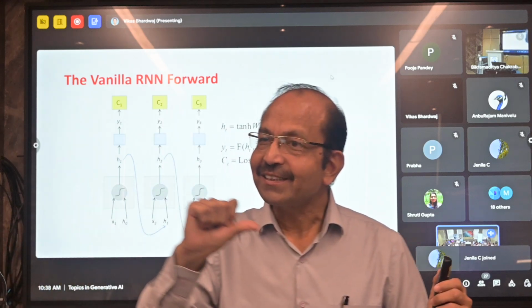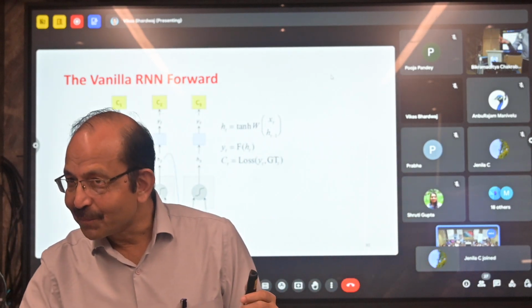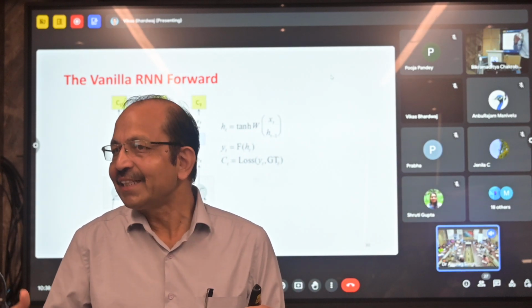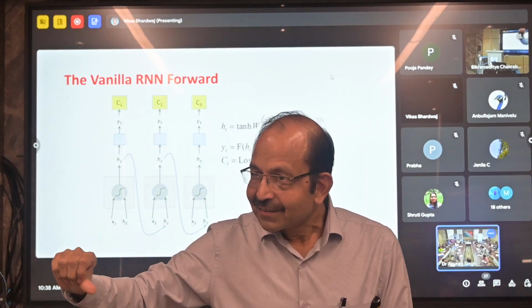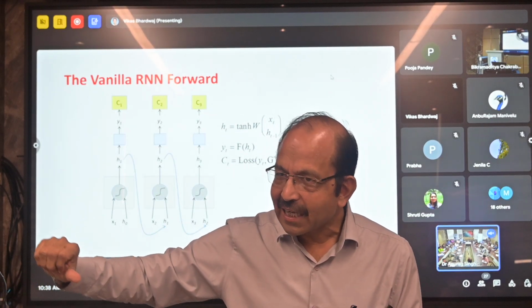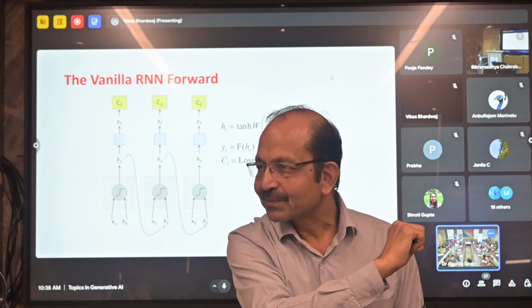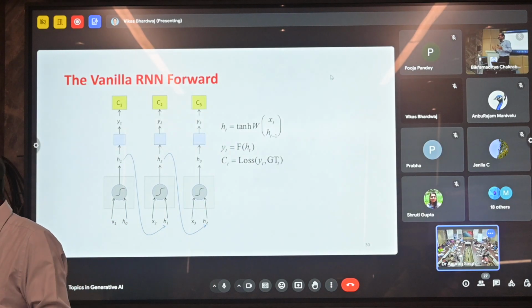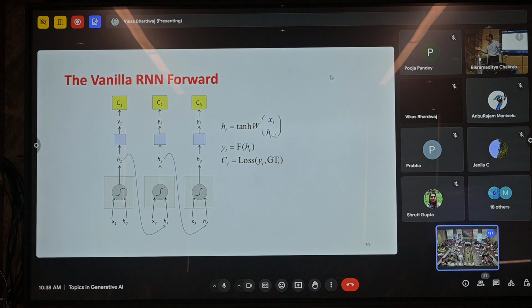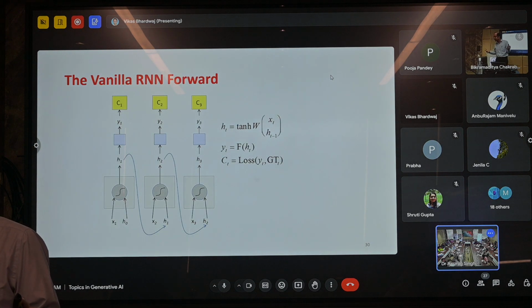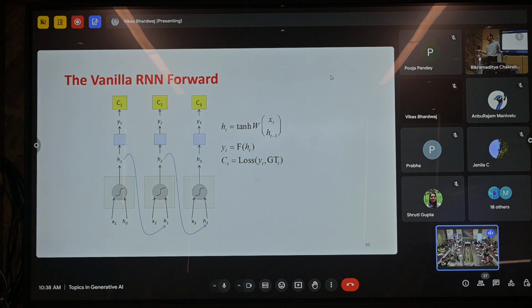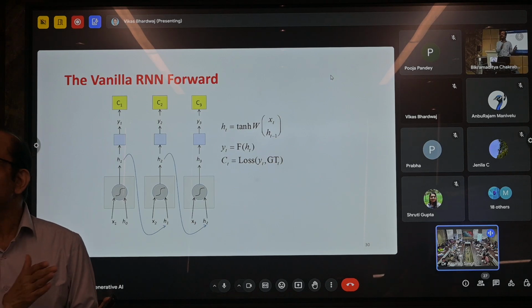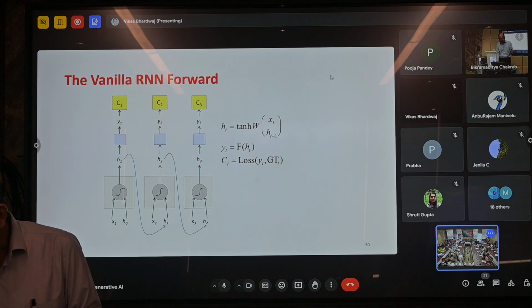In the backward stage, you compute how to change the weights, and that change in the weights happens in the backward direction. So similarly here also, first we compute the net error using forward computation, and then we use the gradient descent method and update the weights in the backward direction.